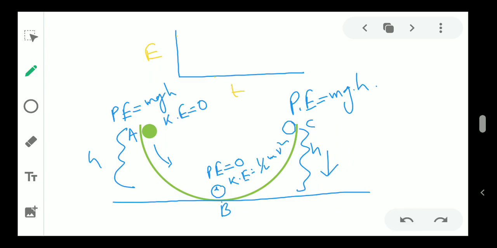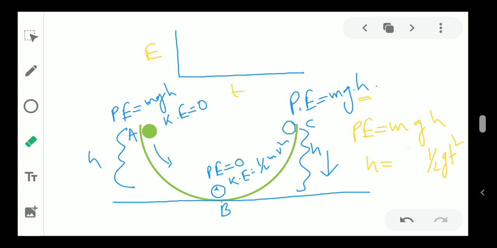Now you see this potential energy depends on h, so PE is mgh. And h with time, if I write h, it is ut plus half gt square. Let's say it is coming from rest, so ut is gone, and h is proportional to t square. So the graph will not be linear.